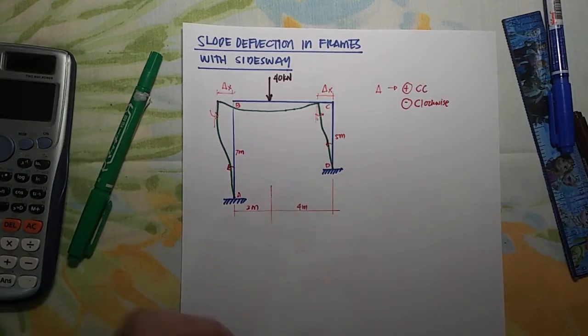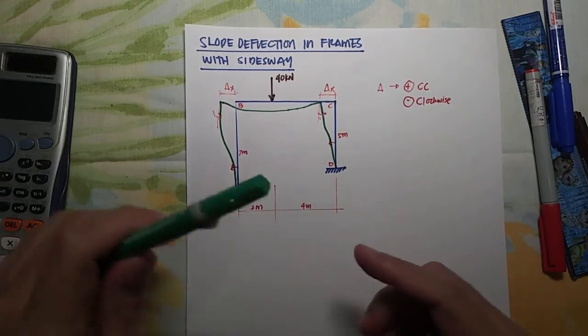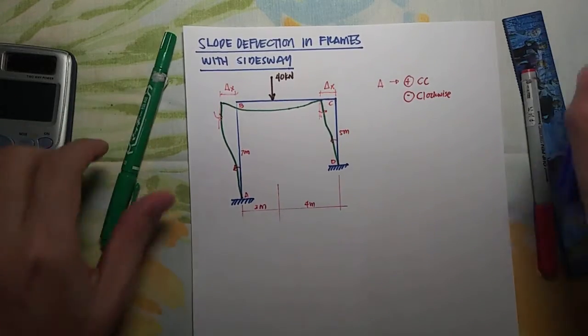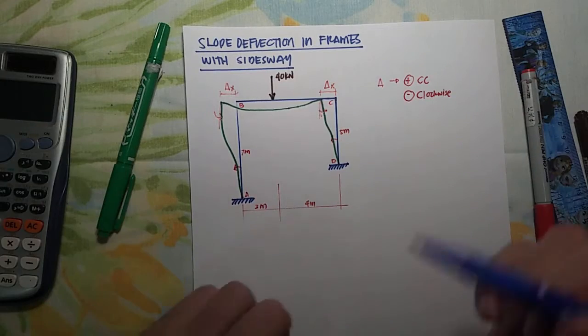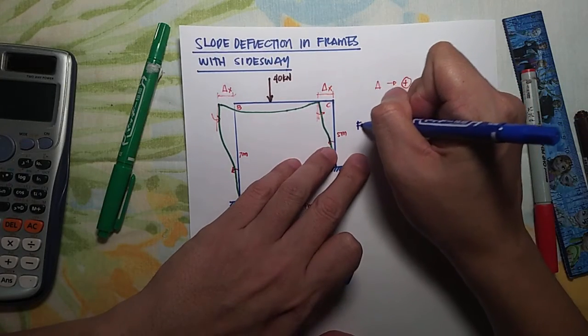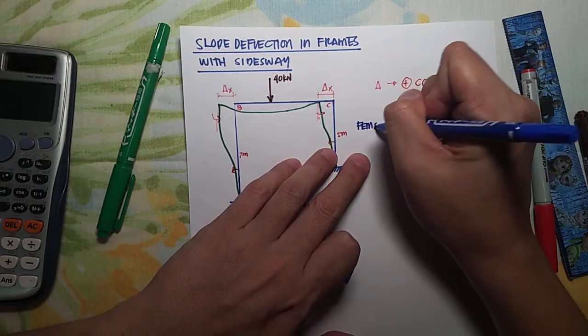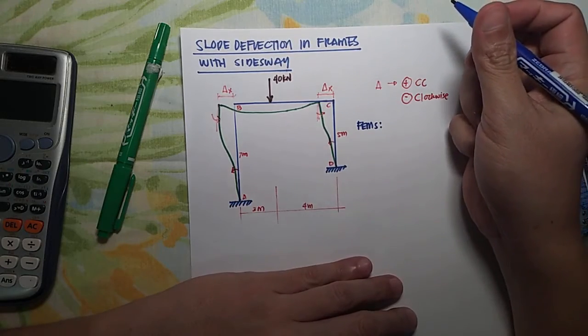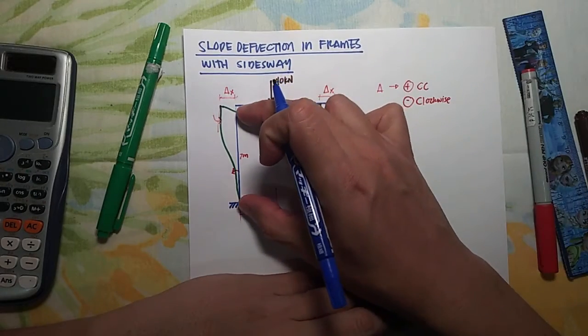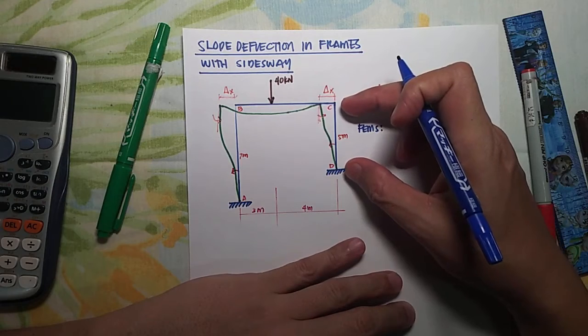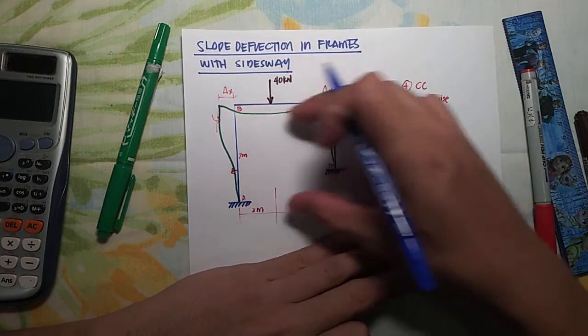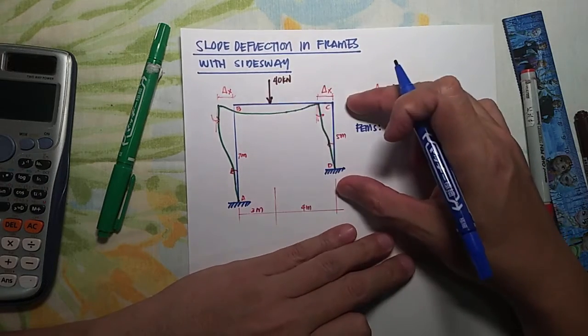Now, let us write the fixed end moments, or the FEMs. What are the FEMs? For member AB and member CD, both don't have load.